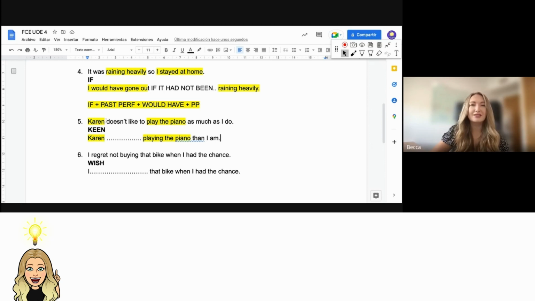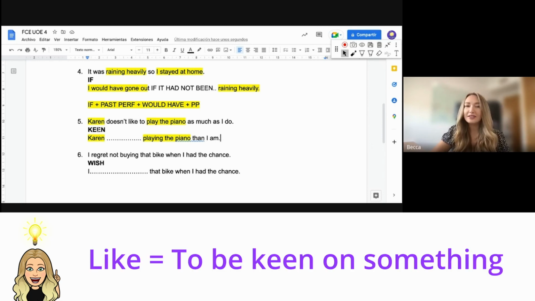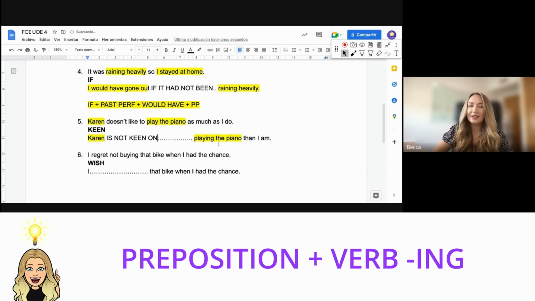So Karen doesn't like to. A synonym of like is keen, but we need a preposition. So we're going to say Karen is not keen, and the preposition is on, right? That's why the next verb is in the gerund, ing. Okay, whenever we have a preposition, the next verb needs to be in ing.